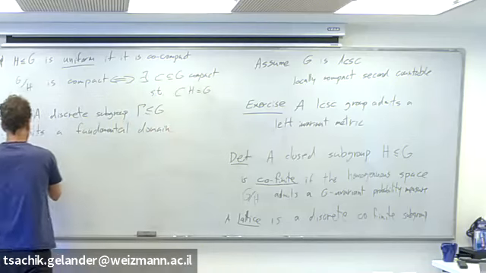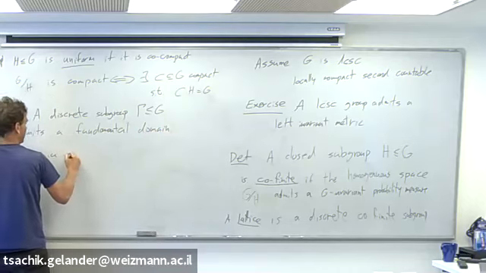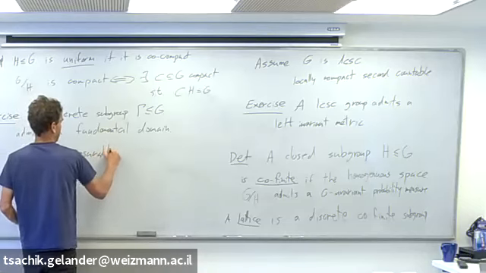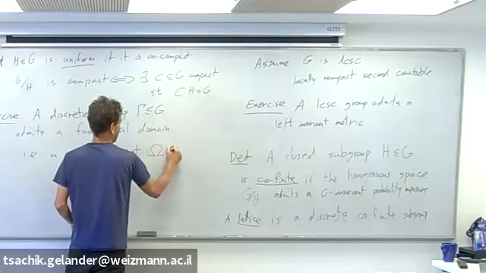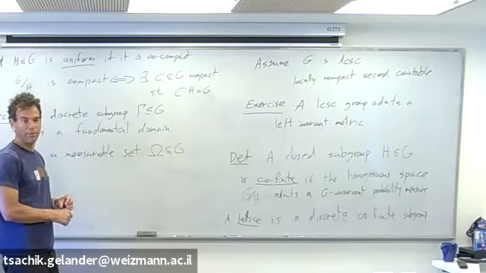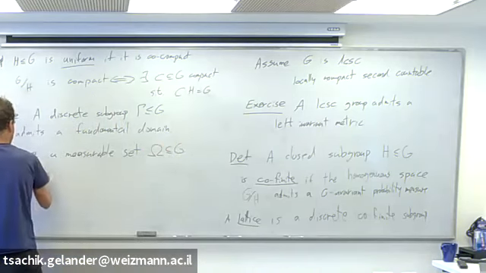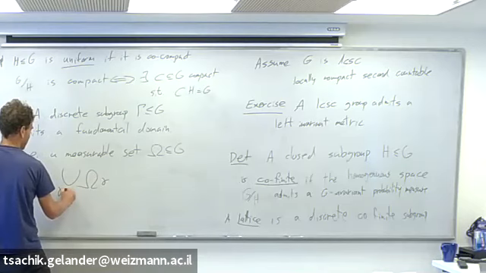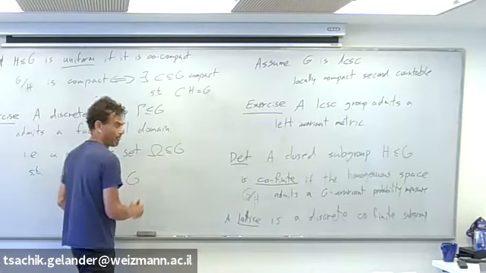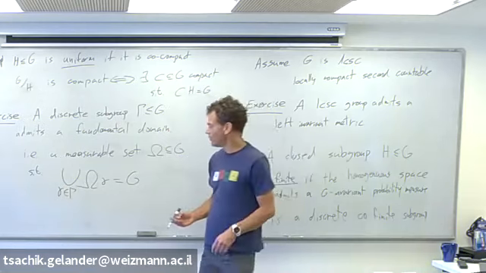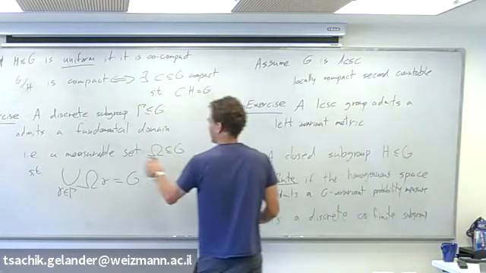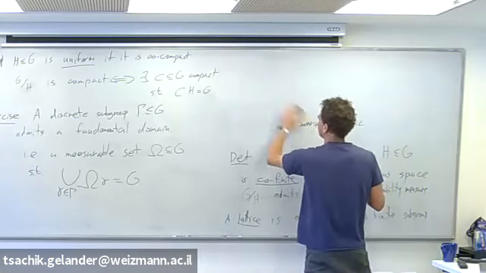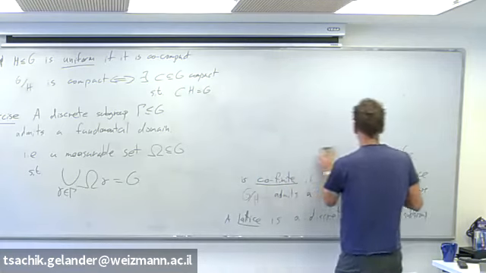What is a fundamental domain? It is a measurable set omega, which consists of coset representatives of gamma, such that G is the disjoint union of the translates of omega by gamma. That's an exercise. It's helpful to use the metric, it's not necessary. Construct such a set.